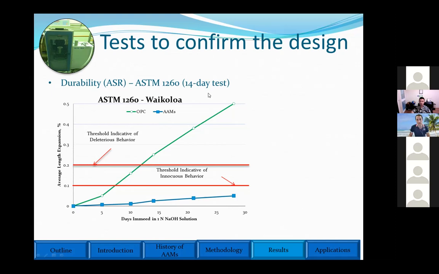So we have other types of ASR tests over a longer period of time, for example, 1 year, that we have to do. We have to redo these tests and confirm that yes, alkali activated materials are immune against ASR if we use bad aggregates.